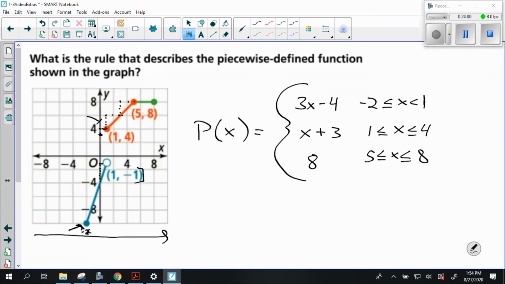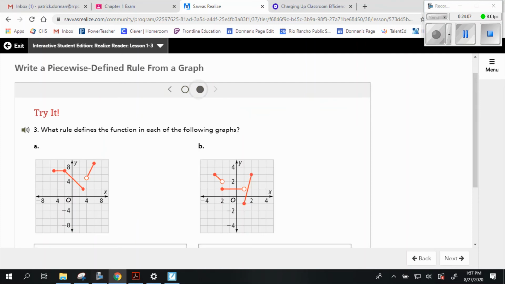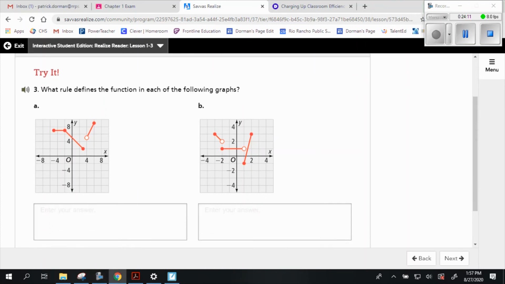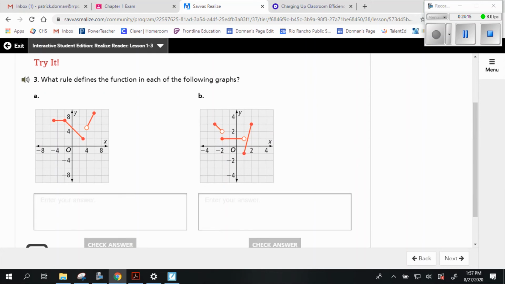Okay, so let's look at the try it. I'm going to go ahead and do A for you guys right here real quick. So we can call this function f of x equals, we'll put our nice fancy bracket there. And remember, we're going in this direction. If I look at this, it looks like we're going in units of 2.